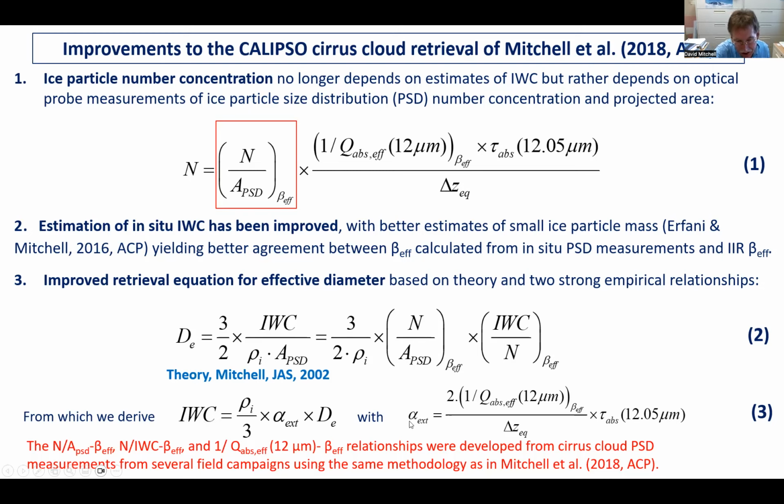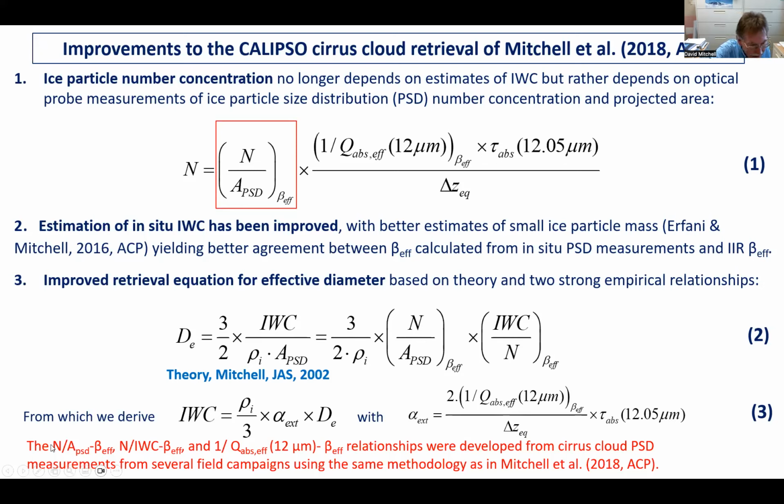And the extinction coefficient for visible shortwave radiation is given on the right side here. That's a function of absorption optical depth. And this delta Z, which also occurs in the number concentration equation, that's from the CALIOP lidar. And it's the equivalent geometrical thickness of the cirrus cloud. And there are more details that can be read up upon.